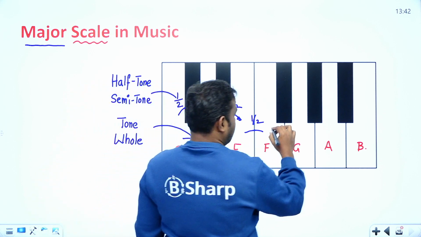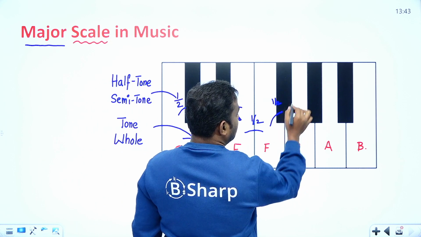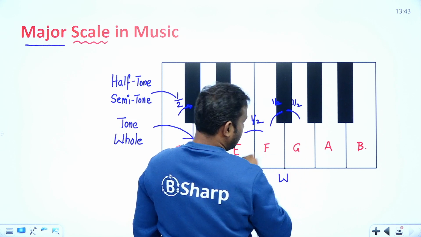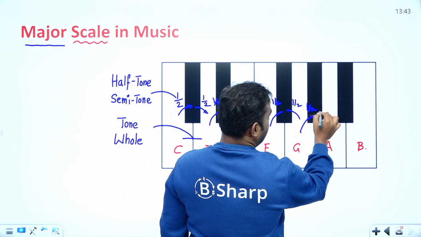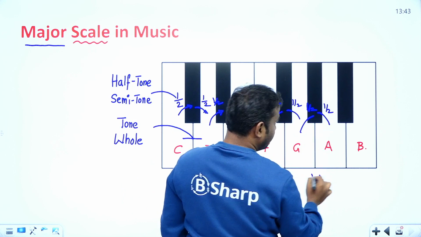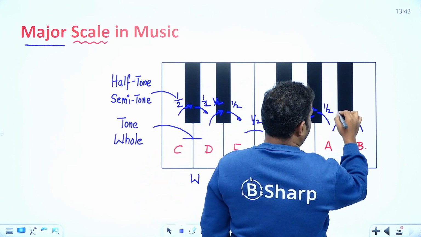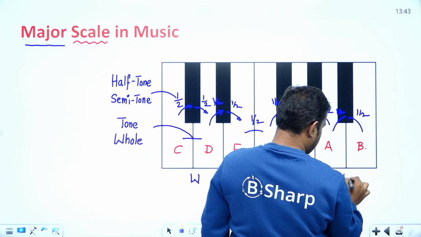If you look at F to G, there is one black key in between, so totally this becomes one whole tone, right? Likewise, the same thing is between G and A, again a whole tone. Likewise, between A and B, a half tone and another half tone, so totally a whole.